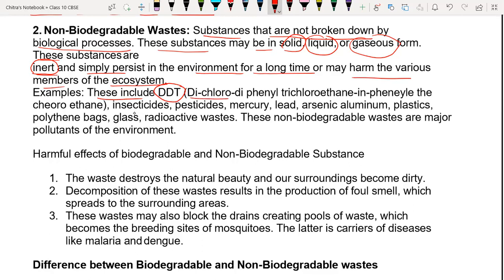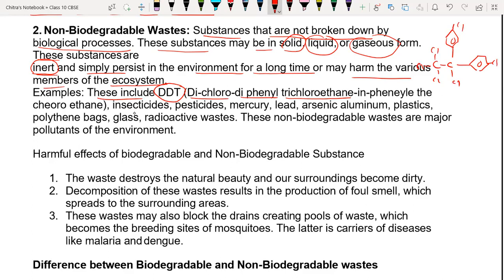DDT is dichloro diphenyl tetrachloroethane. Its structure is like this. We have phenyl, here we have chlorine, here we have carbon, here we have another phenyl like this. Here we again have chlorine, here we have carbon, here we have 3 chlorine, like this.